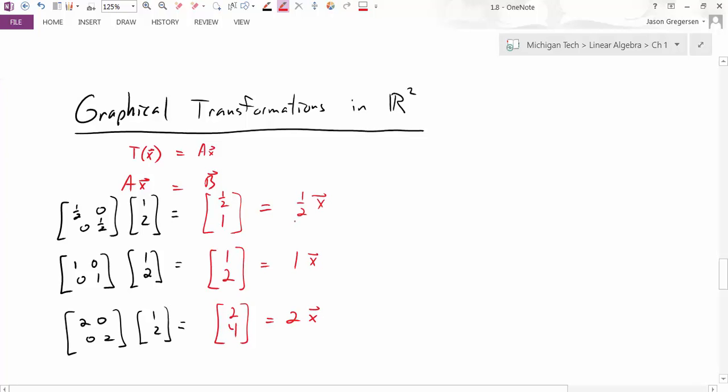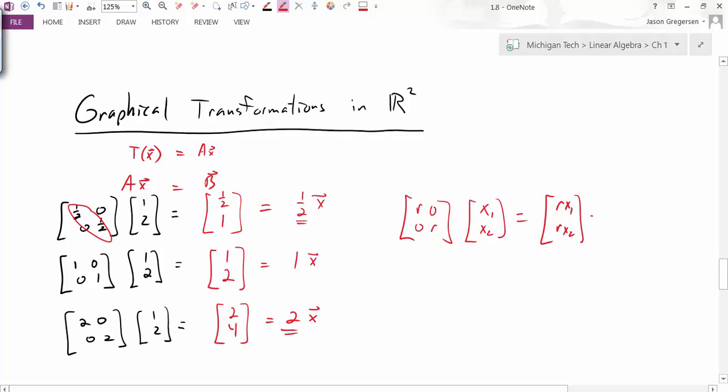Of course, I can see where this 1/2 comes from. It's the values on that diagonal right here. And I can see where this 2 comes from. And so this is going to lead me to try to generalize this result. If I take some matrix that looks like R, 0, 0, R, and I multiply it by some vector x1, x2, the result is just going to be R times x1, R times x2, which is just R times that vector x1, x2.